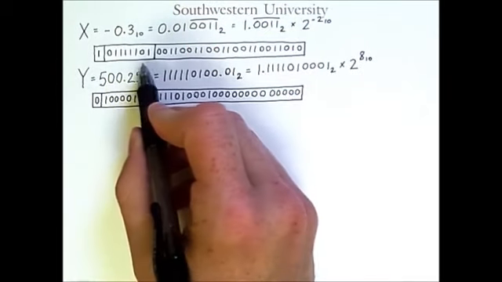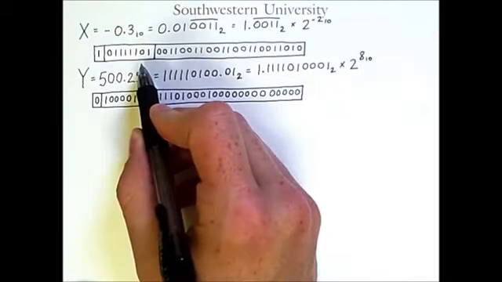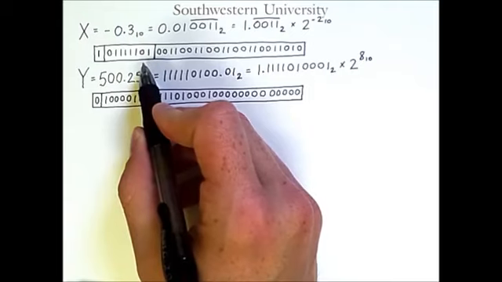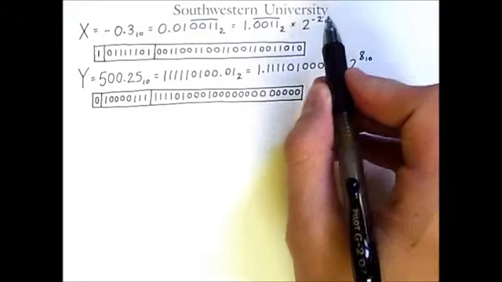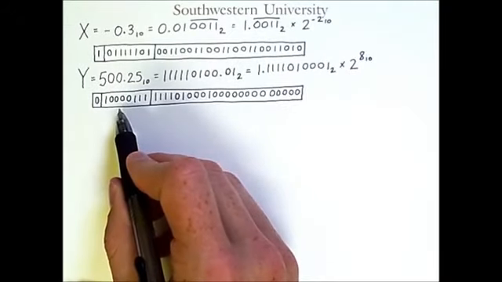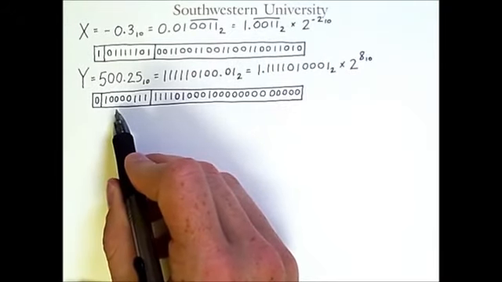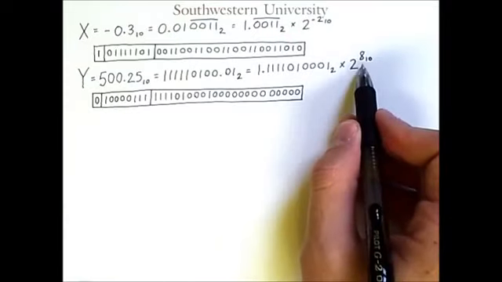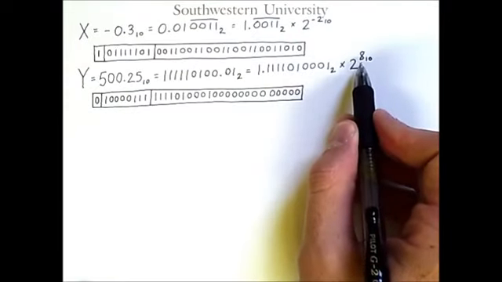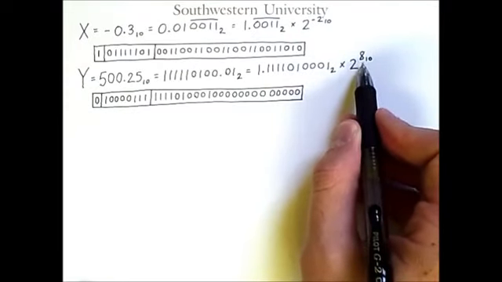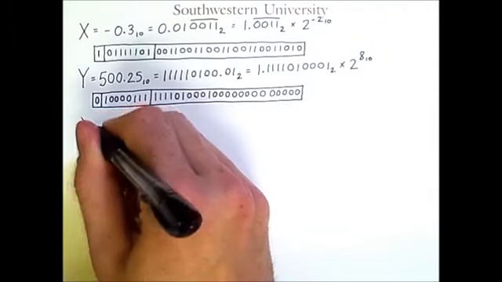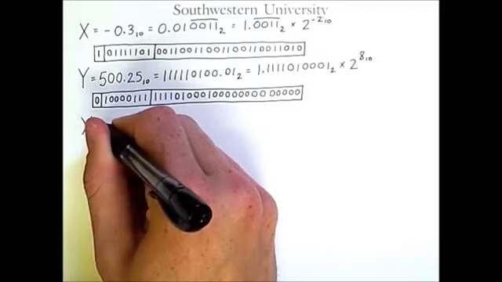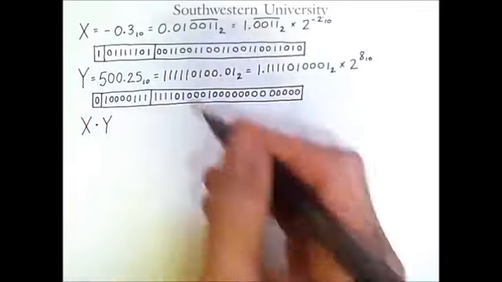So this value, which is 125, is minus 2 plus 127. Similarly, this value, which is 135, is 8 plus 127. Now going from here, we want to find out what x times y is.